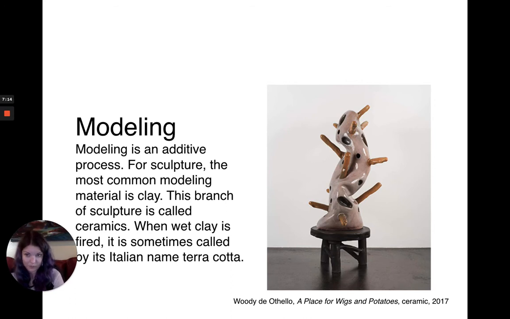He's becoming a pretty famous contemporary artist, and he makes these really wonky, absurdist-looking ceramic sculptures. They're quite large. He would have formed that main piece, and then formed these little appendages that come off and stuck them on there, okay? So that's additive. When you're shaping something and then adding different pieces together to create the sculpture, that's additive, and that is what we call modeling, okay?